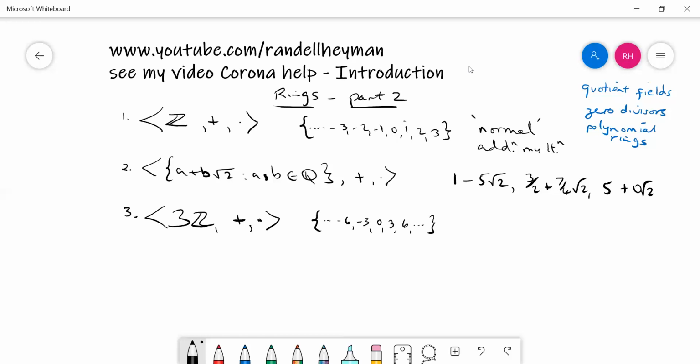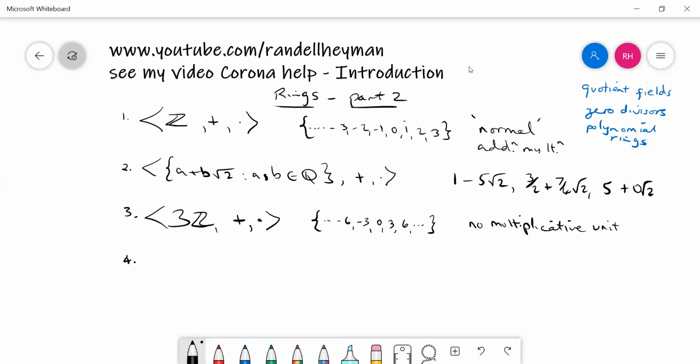Normal multiplication and addition as well. The interesting thing here is that there's no multiplicative unit or identity. In other words, we don't have a 1 here. There's no 1. But that's fine in terms of the way I've defined rings.